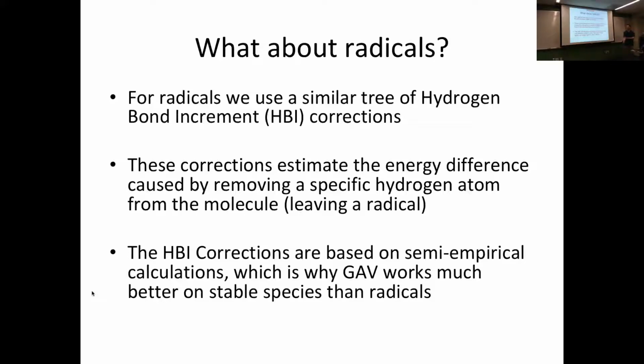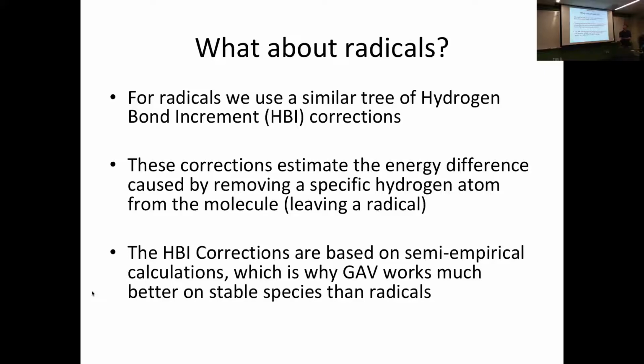So group additivity, or at least our formulation of it, and I think most formulations of it, is primarily focused on predicting the properties of stable species. The idea is that it's easier to predict the radical species if you know the value of the stable species.